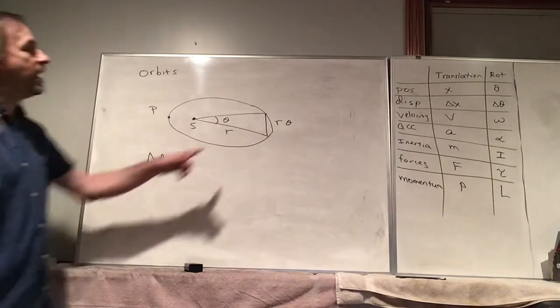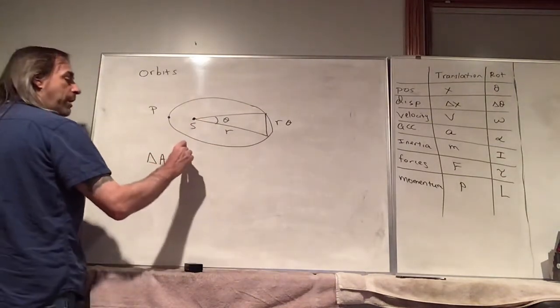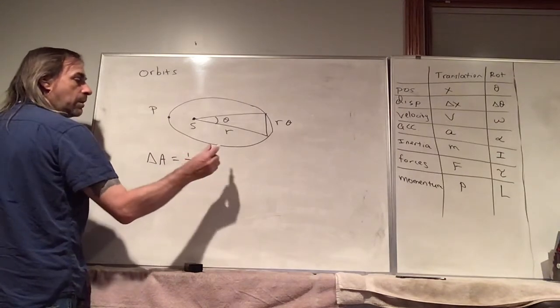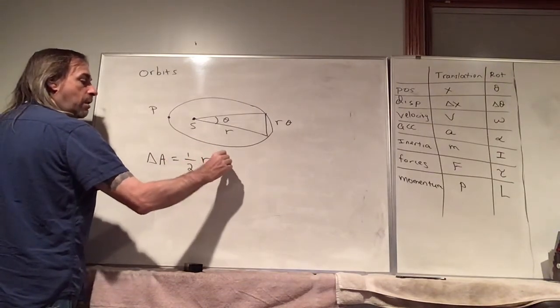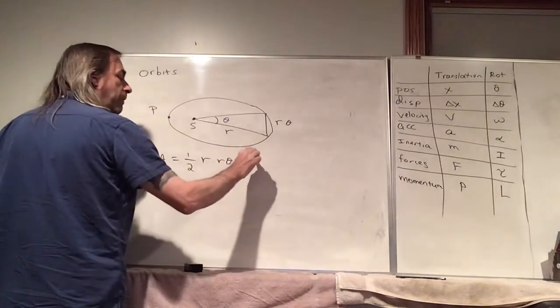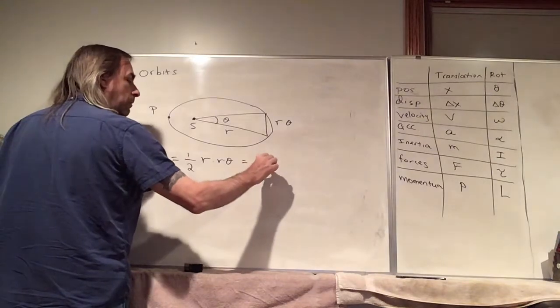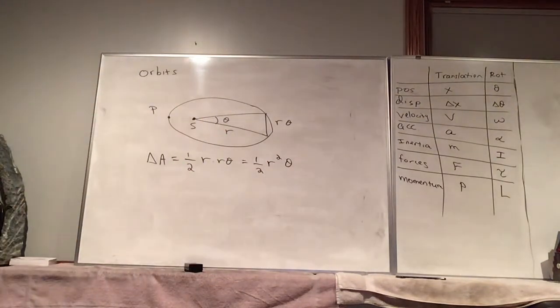And from our arc length formula, this is r times theta. So we'd have 1/2 times a base, which is r, times a height, which is r times theta. And so we have 1/2 r squared theta. That'd be delta A, the area of that wedge.